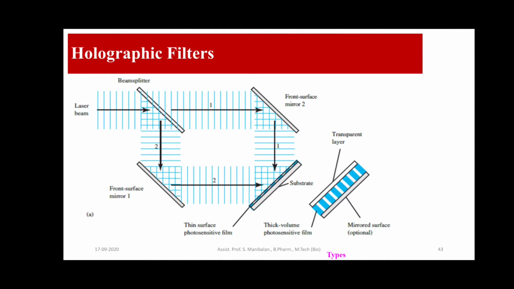Okay, the most important thing is that you can use these holographic filters to explain your big questions, right? Holographic filters: a laser beam gets split by the beam splitter into two types of waves. One hits another mirror, one goes to one more mirror in the downside, and the straight one.